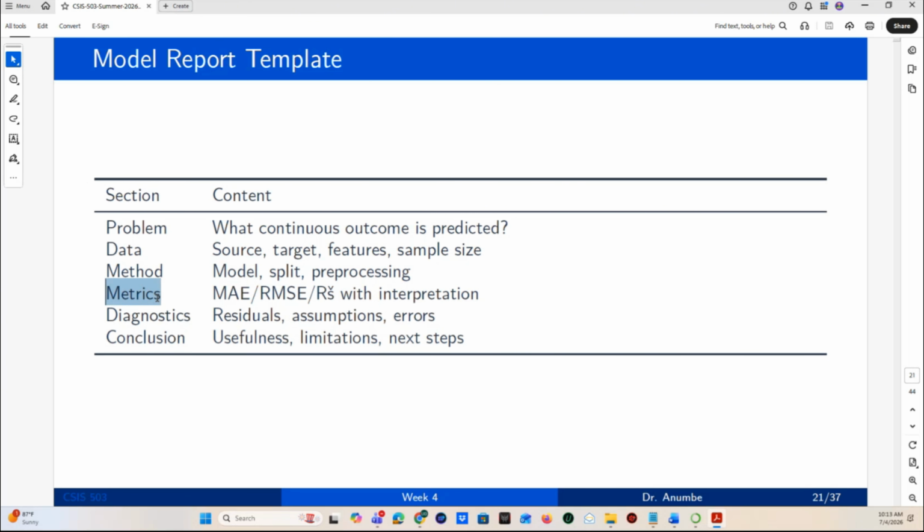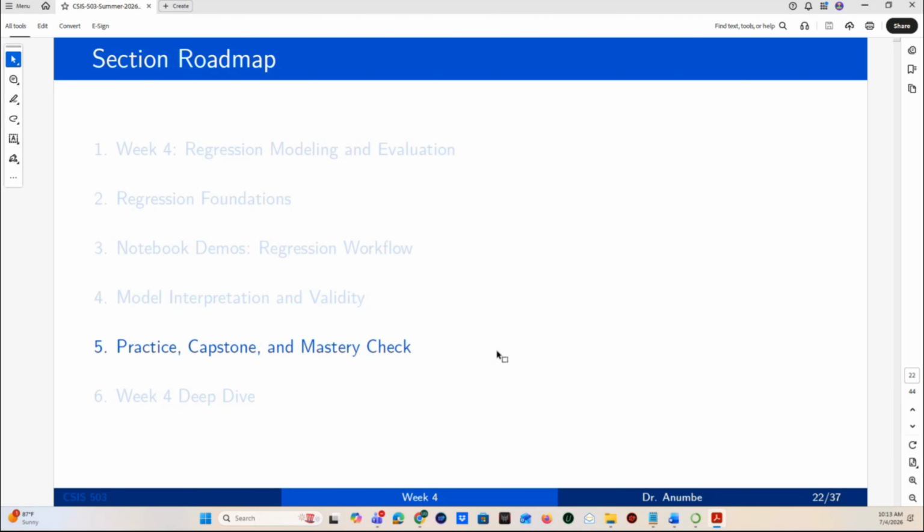Then you get the metrics and interpret them. Then you go into your diagnostics, where you look at your residuals, your assumptions, and the errors. And then you do your conclusion: the usefulness, limitations, and your next steps.